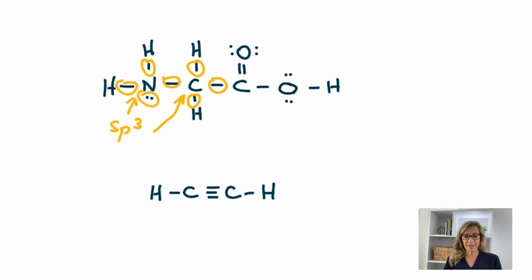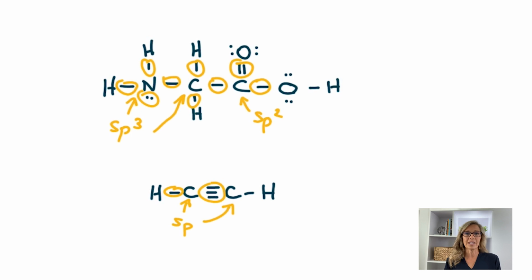But the next carbon has 1, 2, 3 electron domains, and so we would say that is sp2. Okay, and then the example down here below, that first carbon has 1, 2 domains, so that would just be sp hybridization, and that second carbon as well. So that's how you do hybridization.